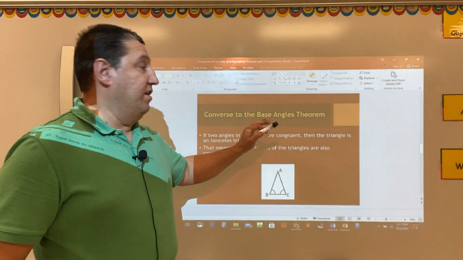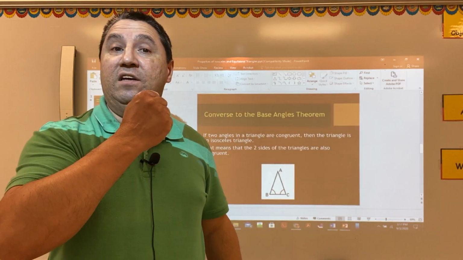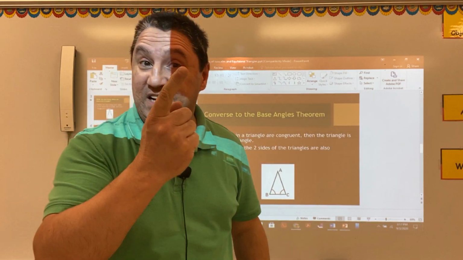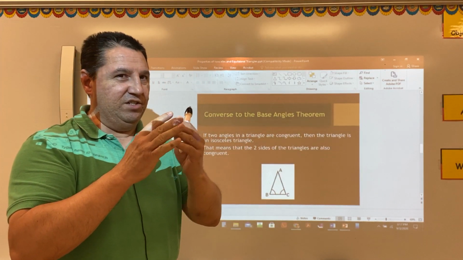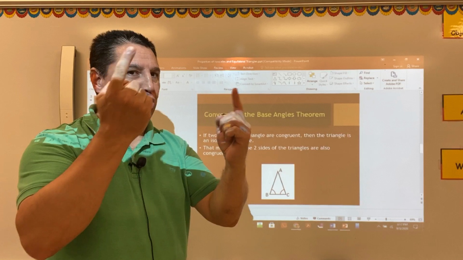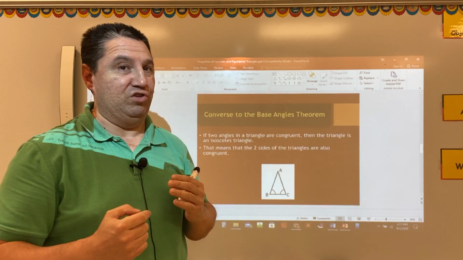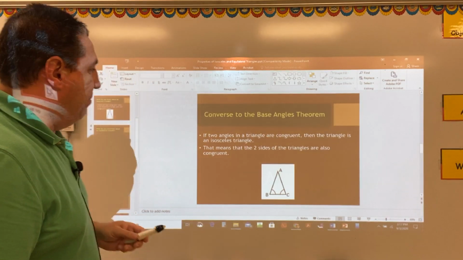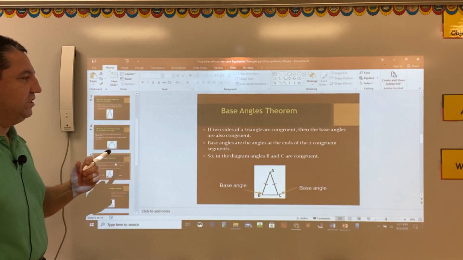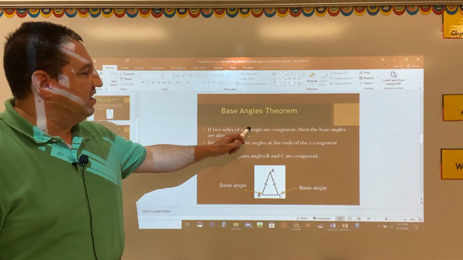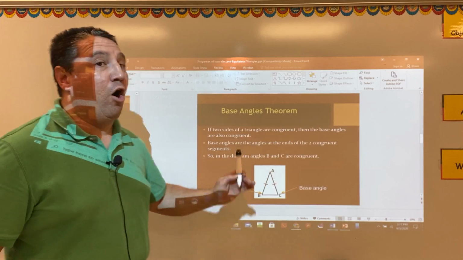Next, we have a converse to the base angles theorem. Let's recall something about converse. Remember, converse is written by switching the place of hypothesis and conclusion. The initial theorem was if two sides of a triangle are congruent, then the base angles are also congruent.